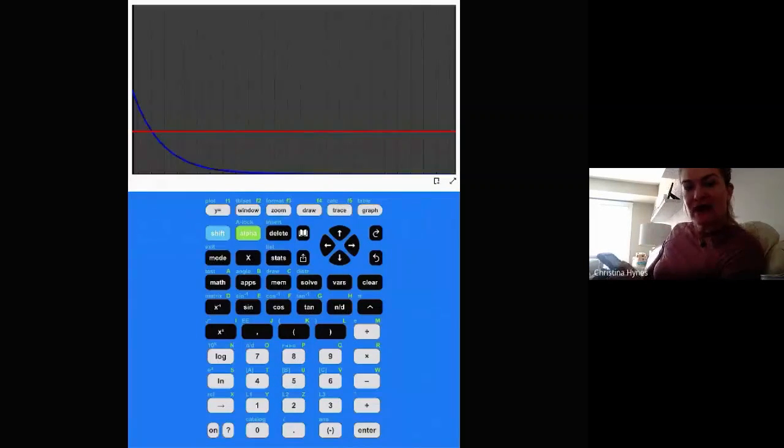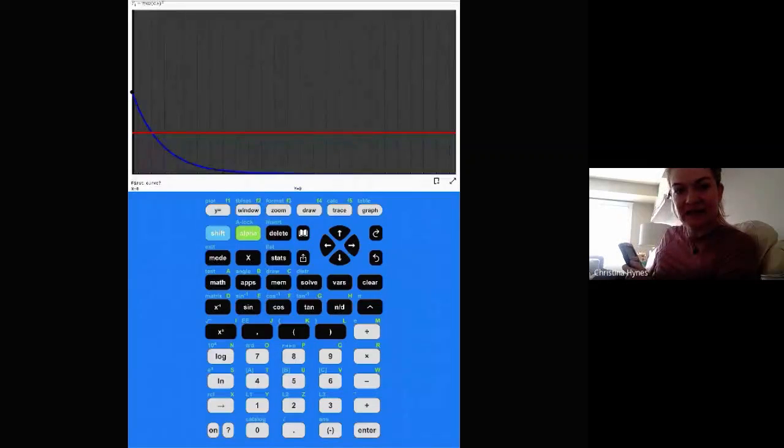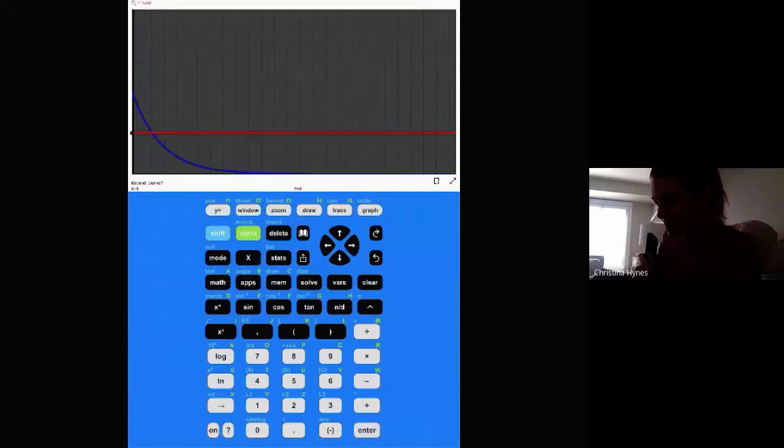So you want to find the intersection between the two graphs by going second trace number 5. What they want you to do is go as close as possible by moving your cursor left or right to the intersection point. And all you have to do is press enter 3 times. So to repeat, I do second trace number 5, press enter 3 times.